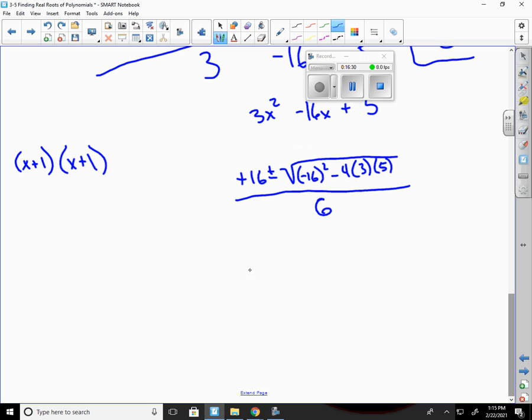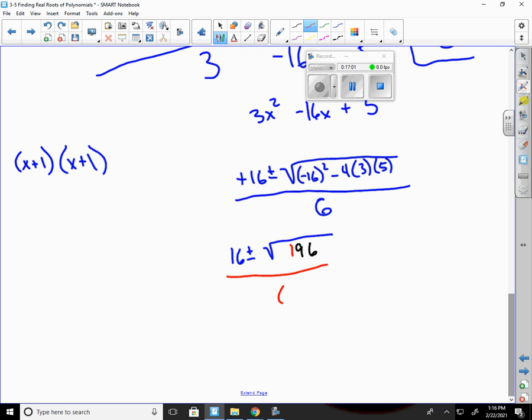So negative 16 squared gives me 256. Four times 3 times 5 is 60. So 256 minus 60 is 196 here.